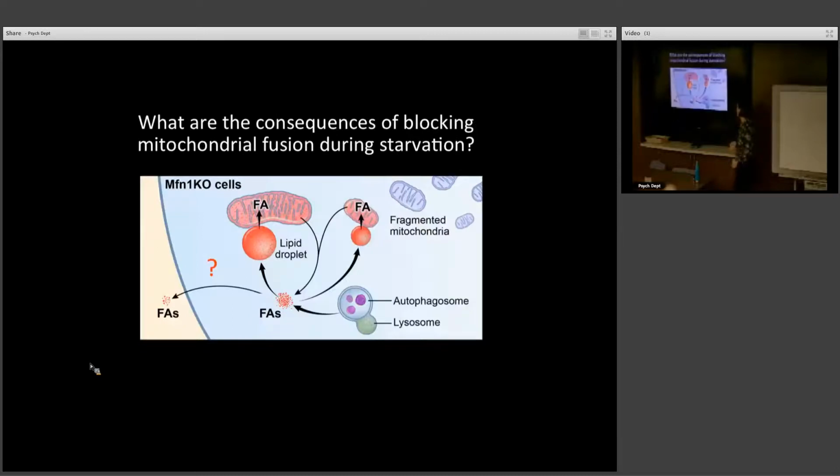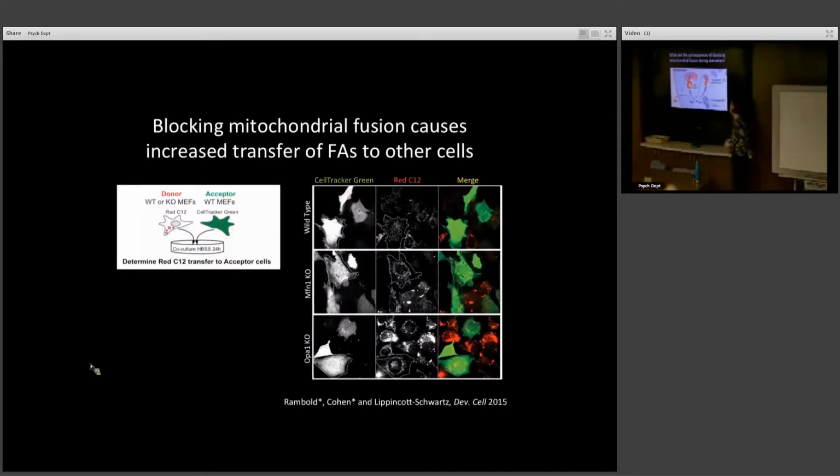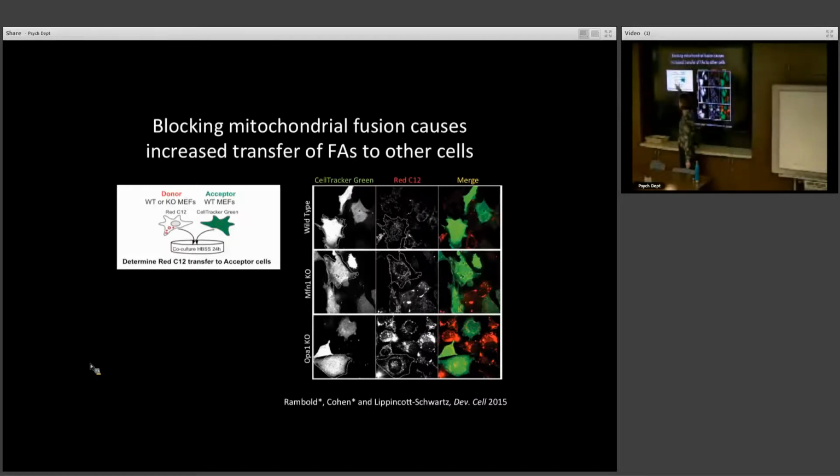So we also asked, is it possible that some of these fatty acids get effluxed out of the cell? And to do this, we used a co-culture assay where we have donor cells incubated with this fluorescent fatty acid, and then we co-cultured them together with acceptor cells labeled in green and starved them to see if there's transfer of fatty acids between the cells.